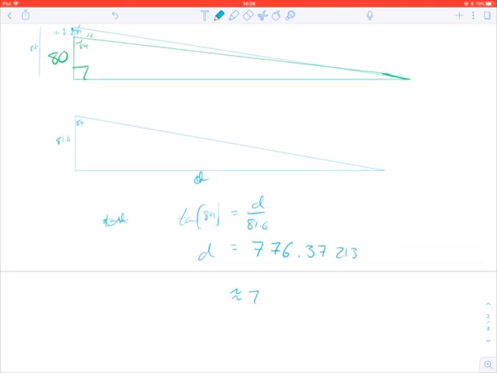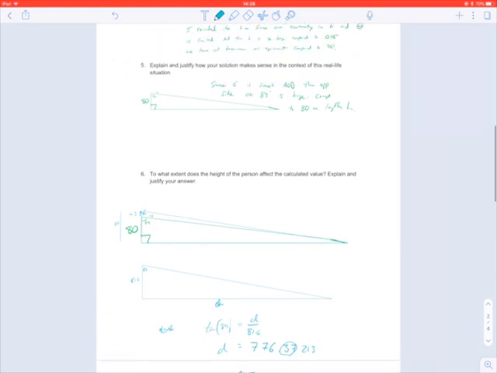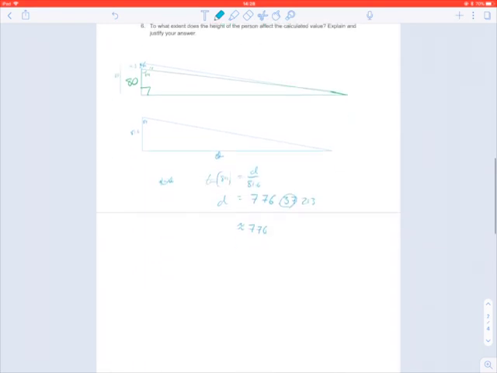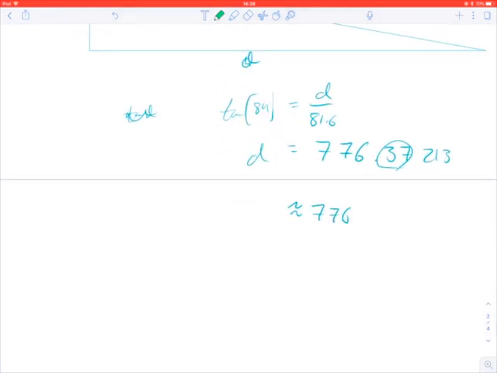So 776, round that down, right? So we went from 761, without the height of the person, to 776 with the height of the person.